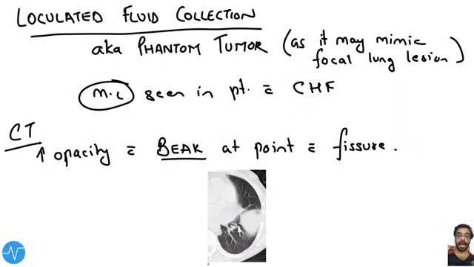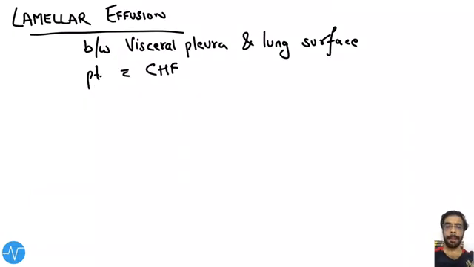This is a loculated fluid collection, or loculated pleural effusion, also known as a phantom tumor. Lamellar effusion: if the fluid is collected between the visceral pleura and the lung surface, it is a lamellar effusion, seen in patients with congestive heart failure.